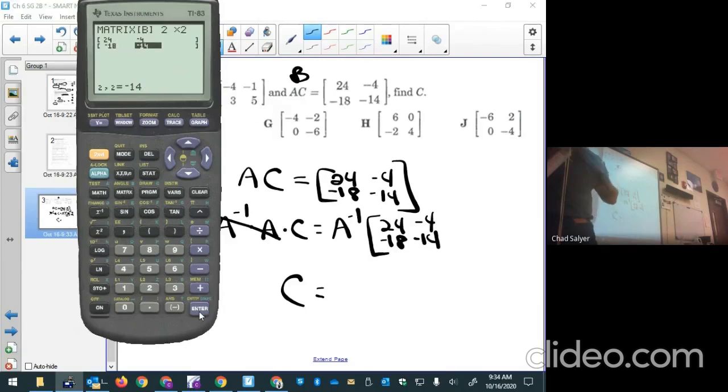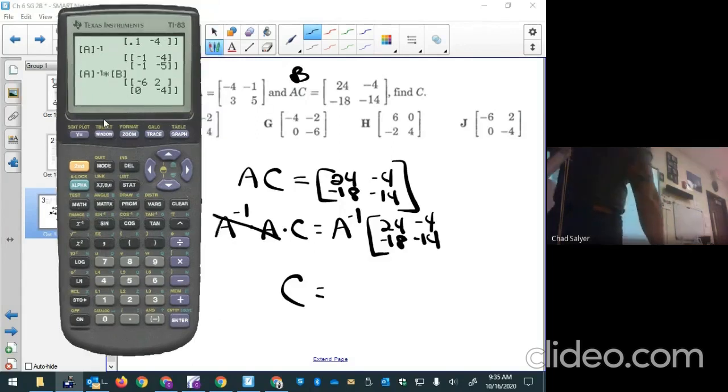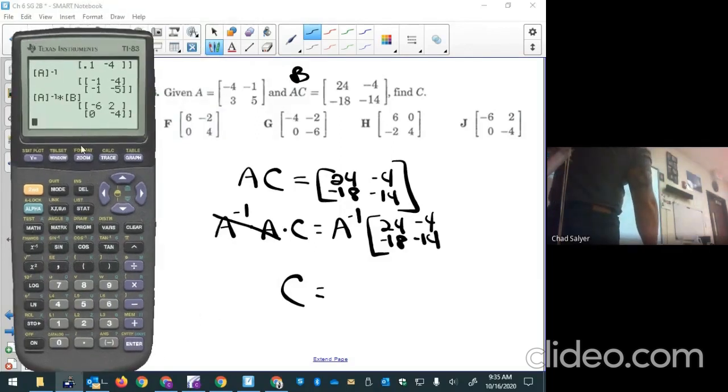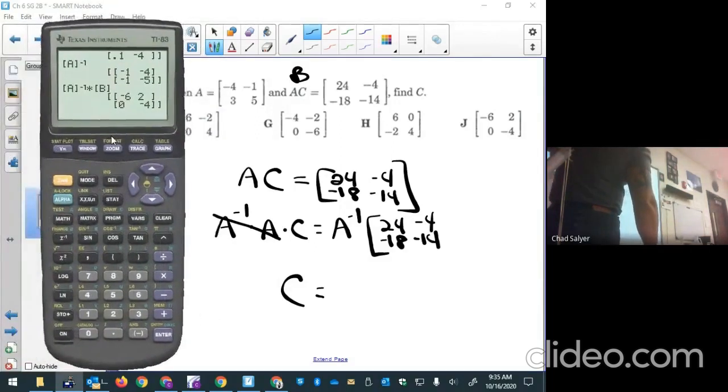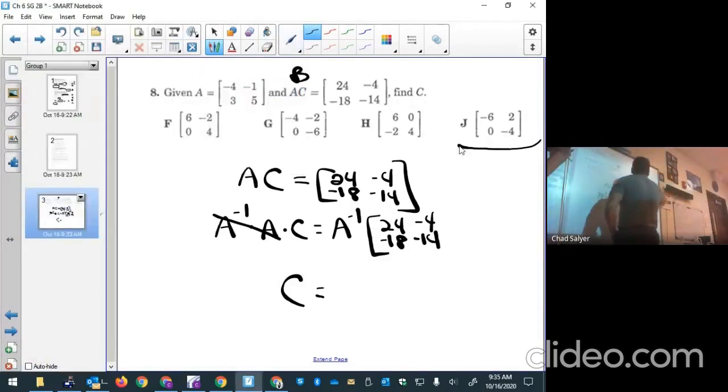And so if I click to the home screen and I do matrix A, inverse button, times matrix B, I get C. So -6, +2, 0, 4. The answer is J as in Juliet.